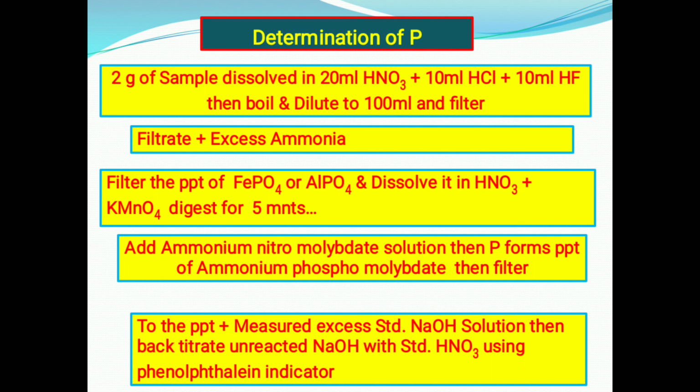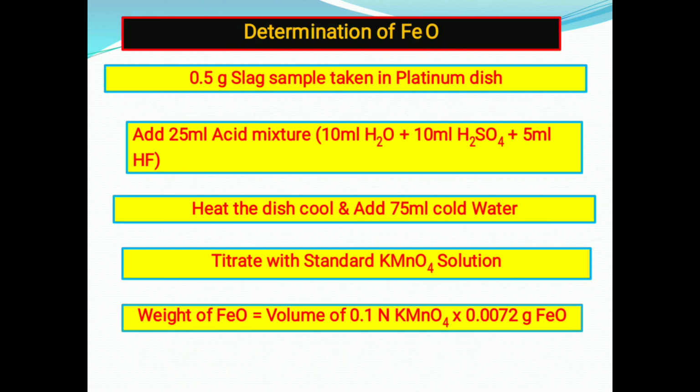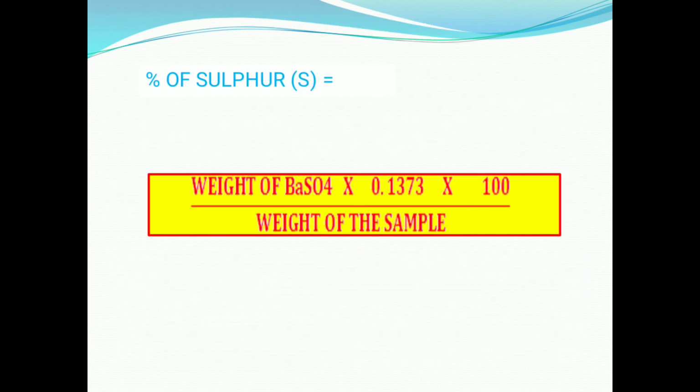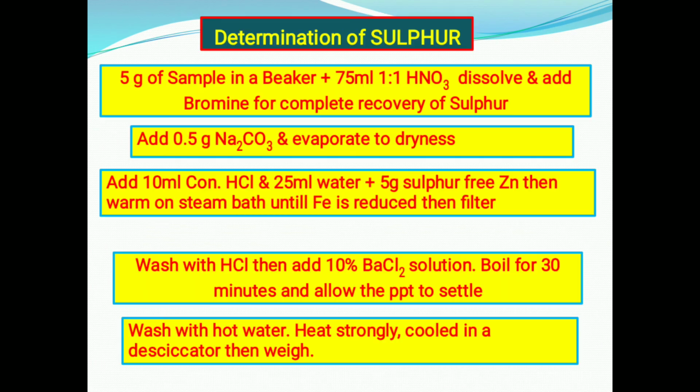So this is the information related to the determination of FeO, then the determination of sulfur, and next the determination of phosphorus present in the blast furnace slag.